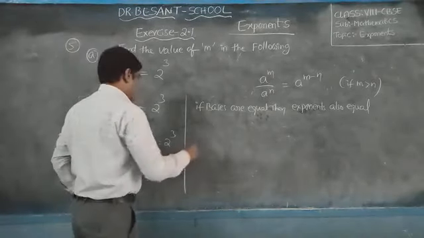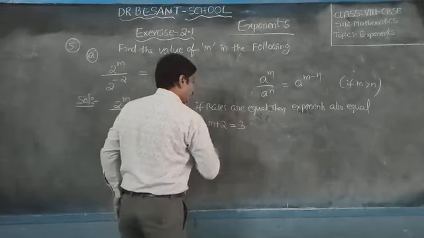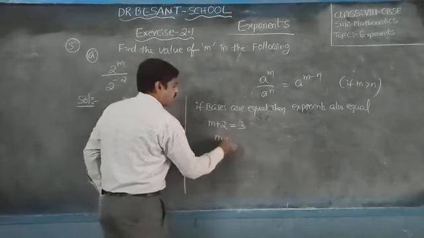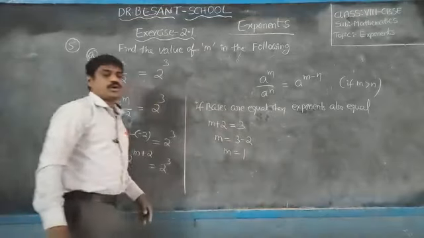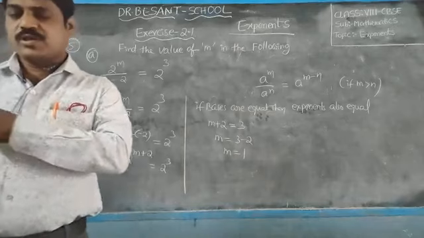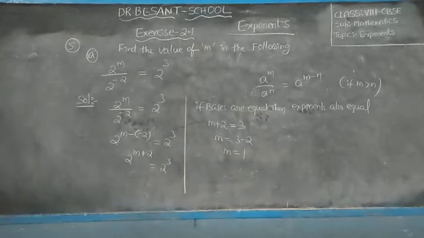That's why m plus 2 is equal to 3, m is equal to 3 minus 2, m is equal to 1. So this is the way we have to solve. Children, I hope it's very clear. Note down. Next, one more problem.